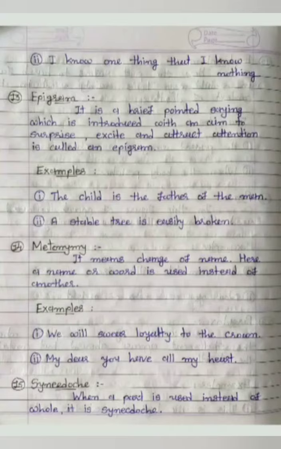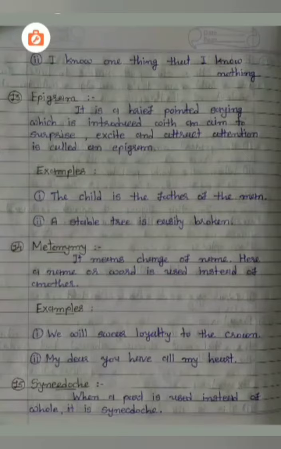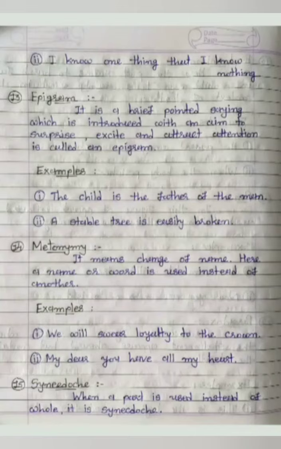So, in this line, we can see that the single line is pointed out, which is introduced with an aim to surprise, excite and attract the attention of other persons. Likewise, the second example is, "A stable tree is easily broken." So, it is a brief pointed saying which is introduced with an aim to surprise or to attract the attention.